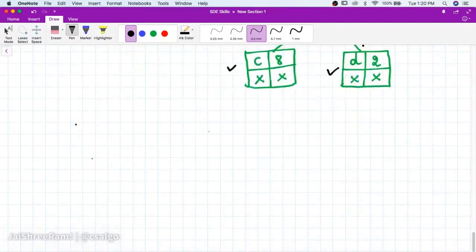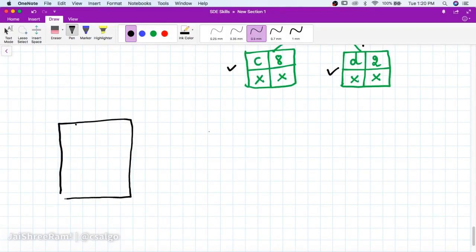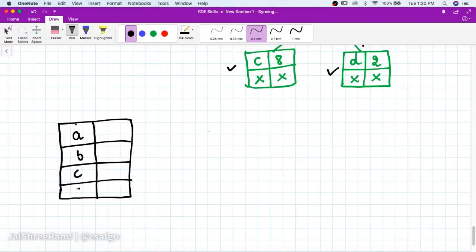Now let's see how my encoder and decoder will look. A, B, C, D, this was my encoder, as we used this same thing above also. So this is my key, the character, and its value will be a string.